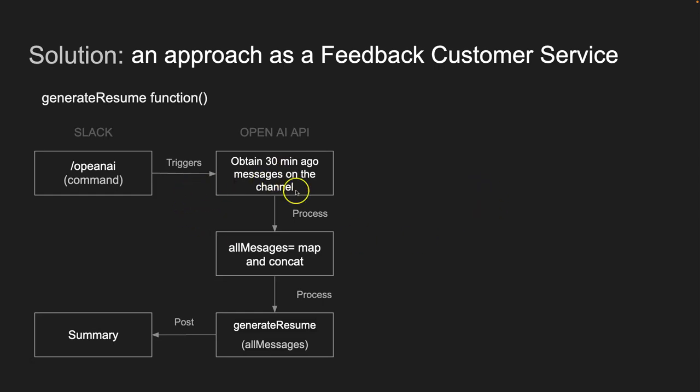This triggers the function that obtains the messages from 30 minutes ago on the channel and then creates a const that is all messages. It maps all the messages and concatenates them into just one paragraph. Then it goes to the generateResume function and is posted as a summary on Slack.